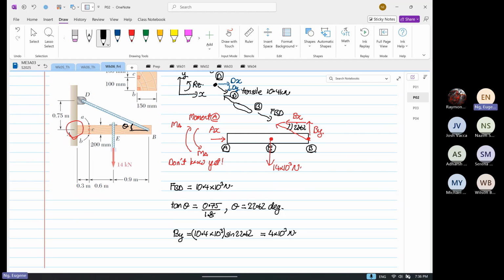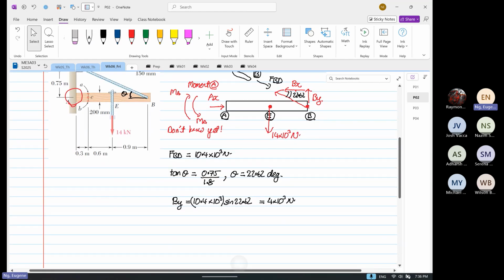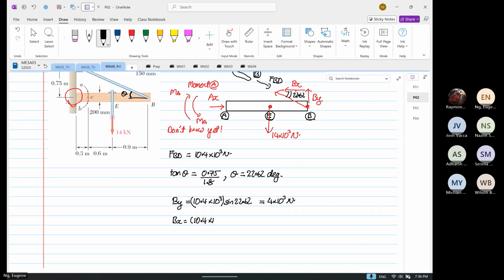And then likewise, we can do our Bx, which is equal to 10.4 times 10 to the power 3 cos 22.62. Okay. So this is equal to 9.6. So we know By is 4 kilonewton and Bx is 9.6, right?